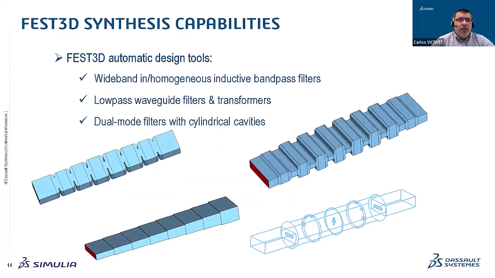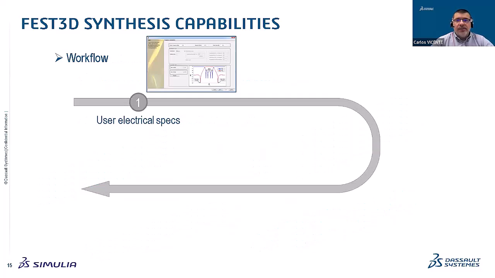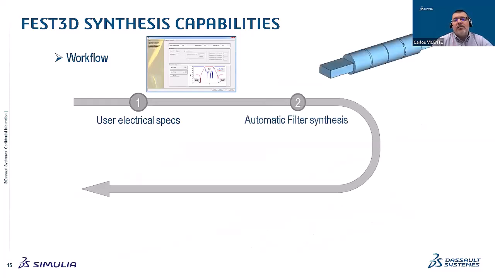The workflow looks like this. Okay. And this is just a typical workflow for all the tools, I would say. So of course, first the user has to provide the electrical specifications, such as the passband, out of band, and so on, and some basic information about dimensions of the component, like which ports you want to use, port size, and things like that. And then the synthesis tool will run based on that, but it will not run the complete structure.